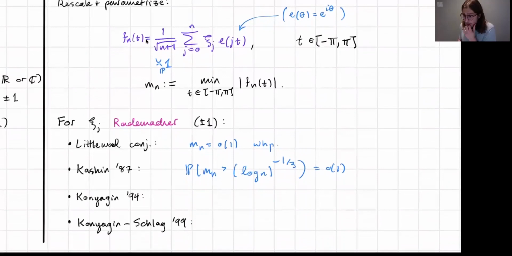That confirms the conjecture, but actually it's much better than that. Konyagin showed that it goes to 0 almost as fast as 1/n, which we'll see is actually a natural guess. This is for any positive epsilon.